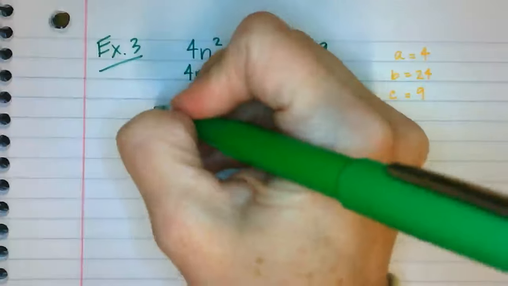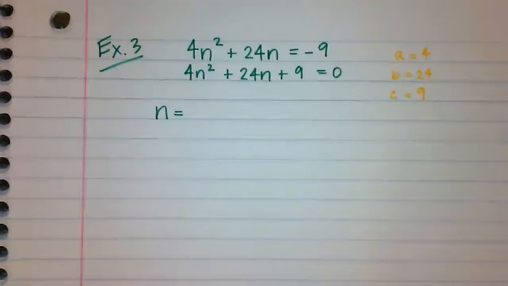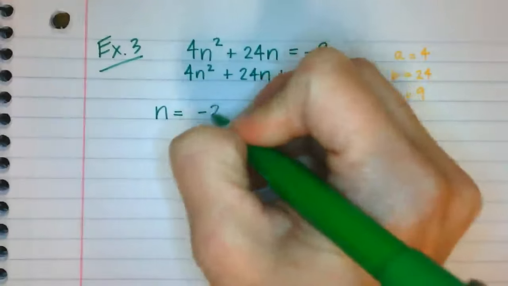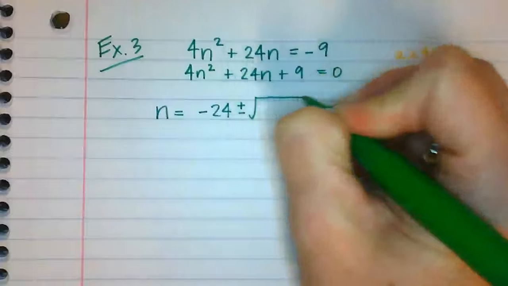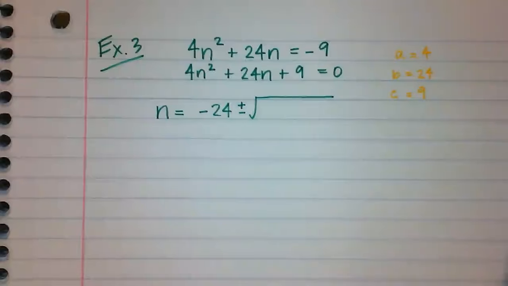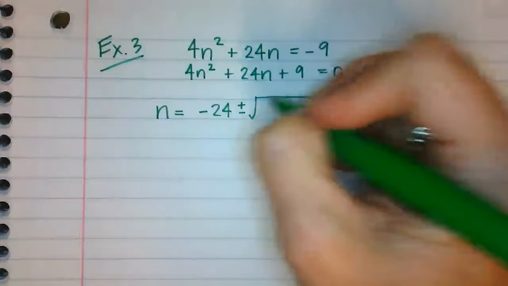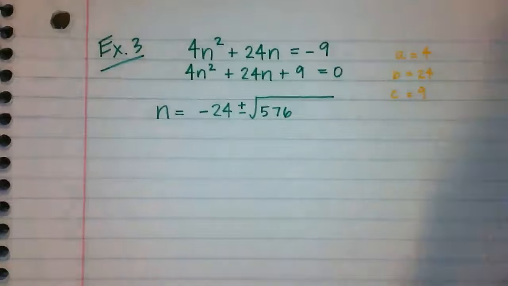All right, so what we need to do is just fill these values in and then evaluate. So negative b is going to be -24 plus or minus the square root. All right, so now the first one up is b squared. So 24 squared, hopefully you know that, is 576.